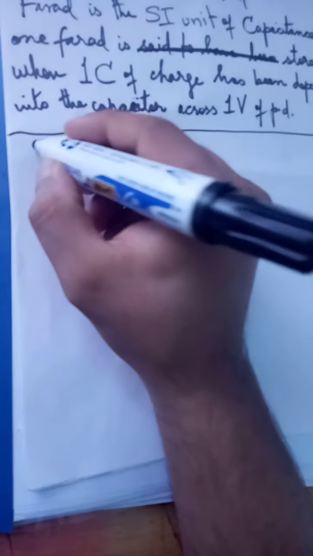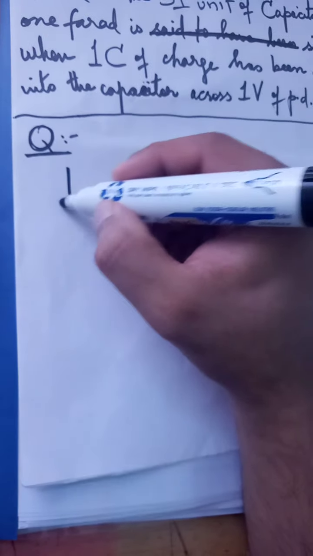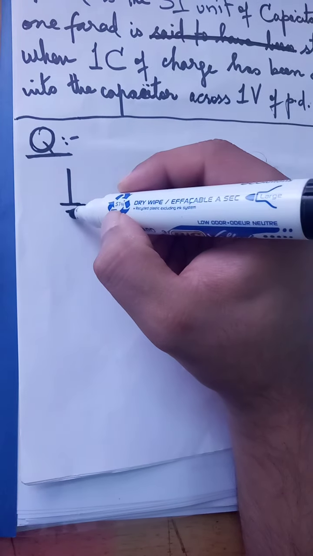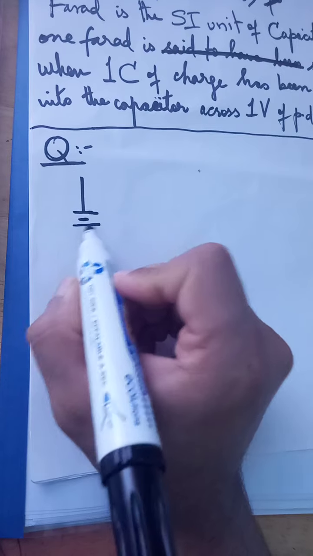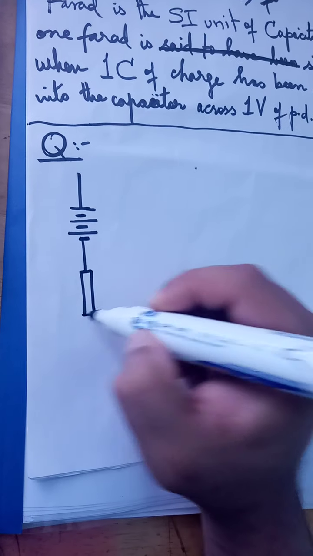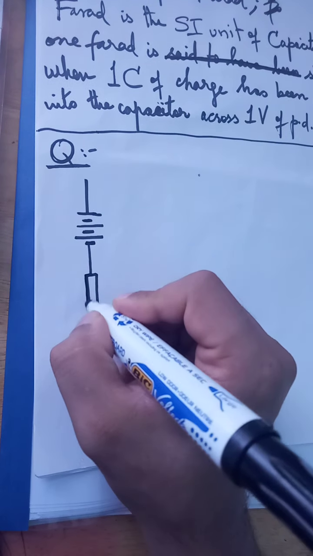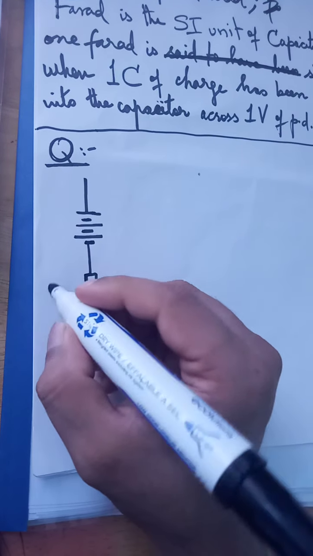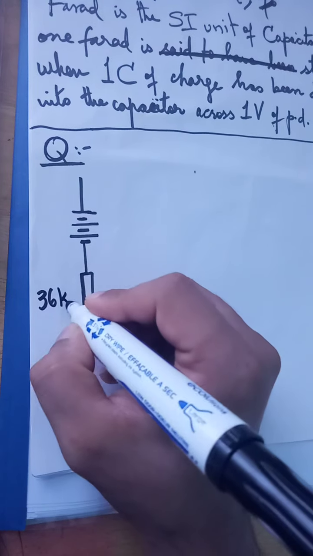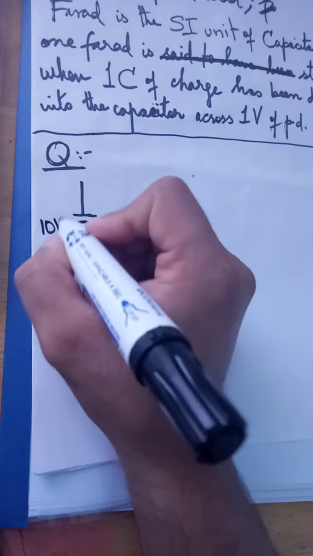This question is to do with a capacitor, with a resistor. Let's just say 36 kilo ohms, and I'll give this 10 volts for simplicity.